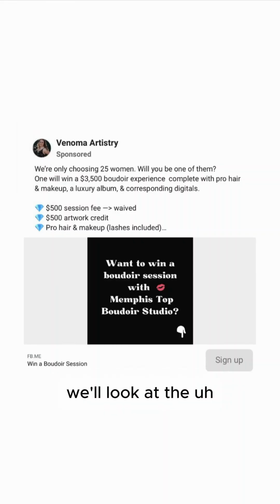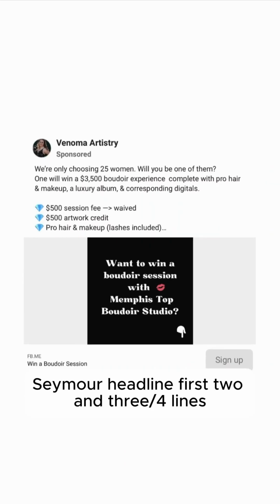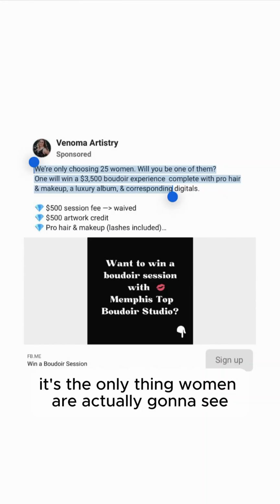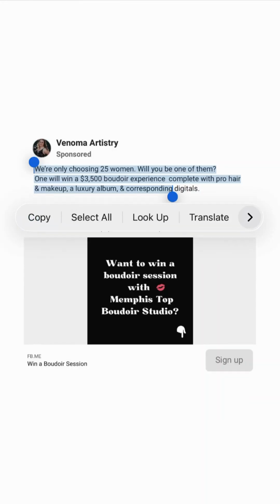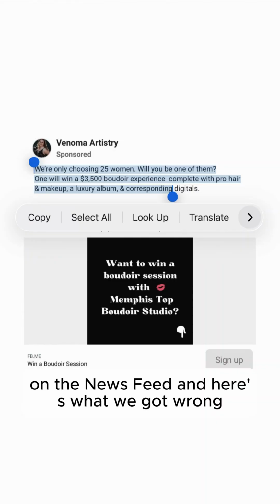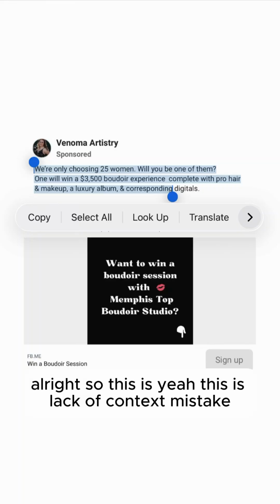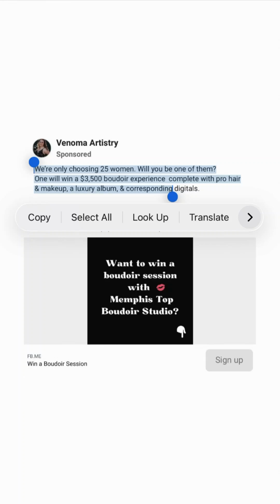Finally, we'll look at the see more headline, the first 2 3/4 lines on the Facebook newsfeed mobile. It's the only thing women are actually going to see on the newsfeed. And here's what we got. We're only choosing 25 women. Alright, so this is a lack of context mistake.